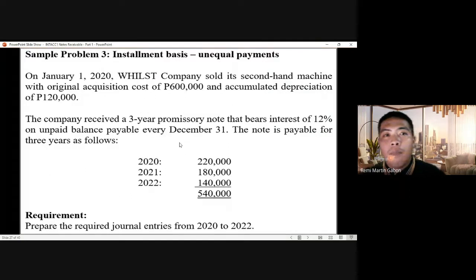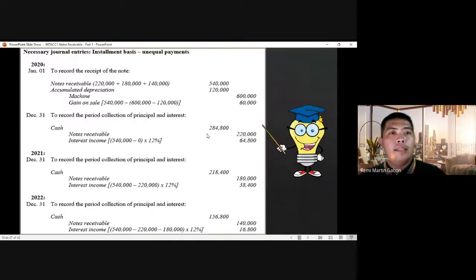Let's proceed with unequal payments. For unequal payments, the format of the problem is still the same. The only difference is the installment payments: instead of equal payments of 180,000, the 540,000 is paid as 220,000 in 2020, 180,000 in 2021, and 140,000 in 2022. The requirements are still the journal entries for 2020 to 2022, with 12% interest.